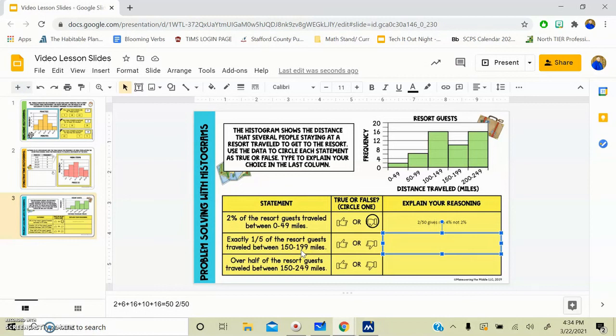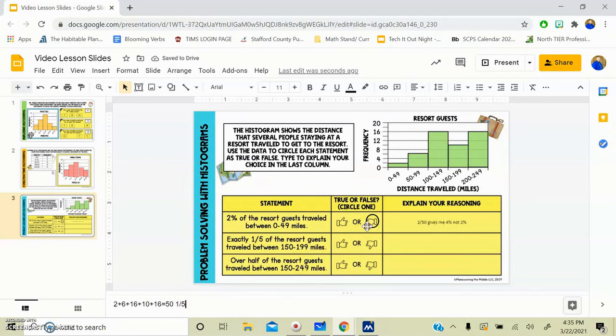Well, let's see. I know my total number of guests is 50, so now I want to try doing 10 guests, because that is how many traveled between 150 and 199 miles. I have 10 guests divided by 50 guests in total. And I can simplify that down by getting rid of my extra zeros, because I have a 0 in the ones place in both 10 and 50, which gives me 1/5.